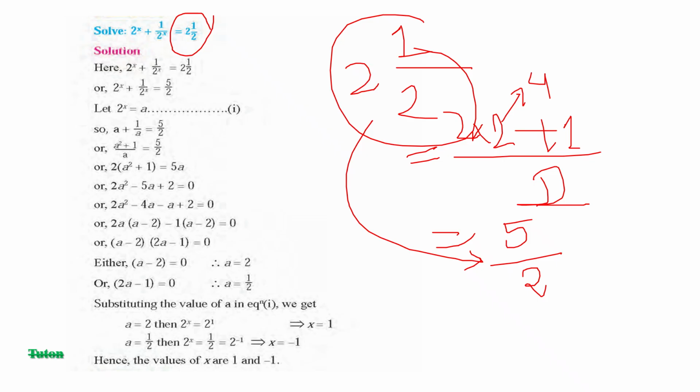Now in this case, we cannot solve this equation by simply using 2 to the power x. So we will suppose 2 to the power x is equal to a, and then in the final steps we will revert a back into 2 to the power x.